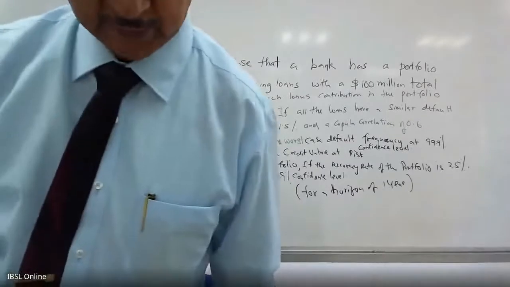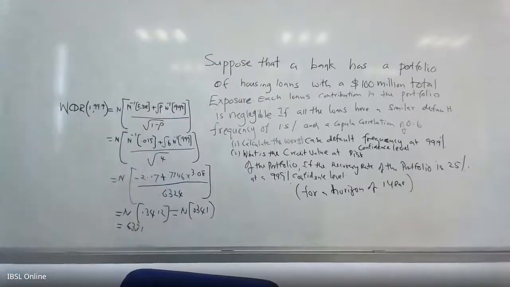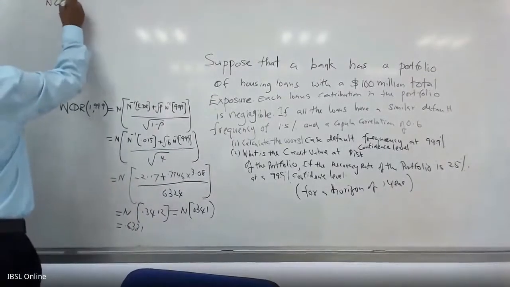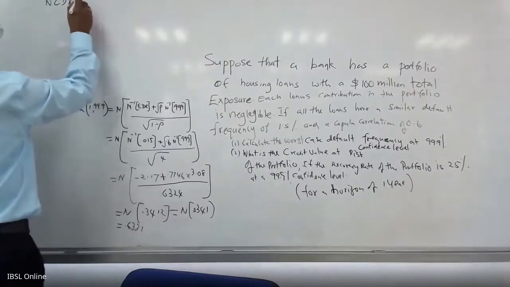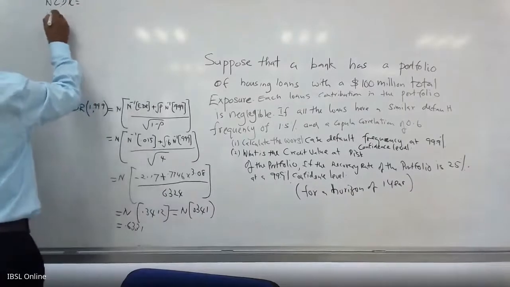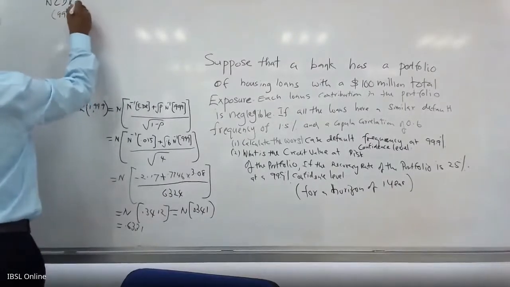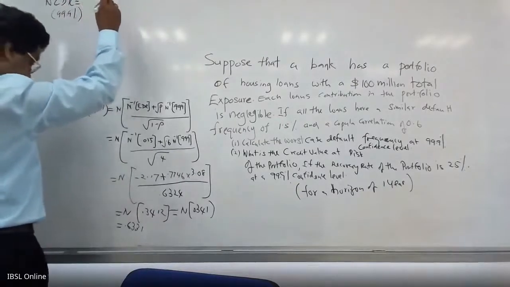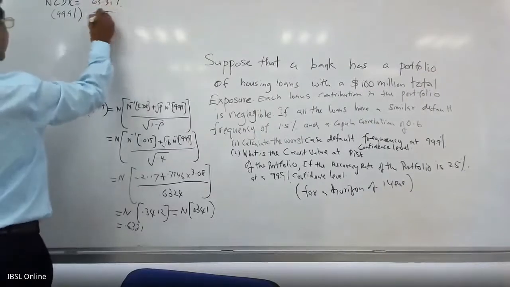So the answer for the first one, the worst case default rate, WCDR, at the 99.9 confidence level, is 0.6331, that is 63.31%, the probability of default.